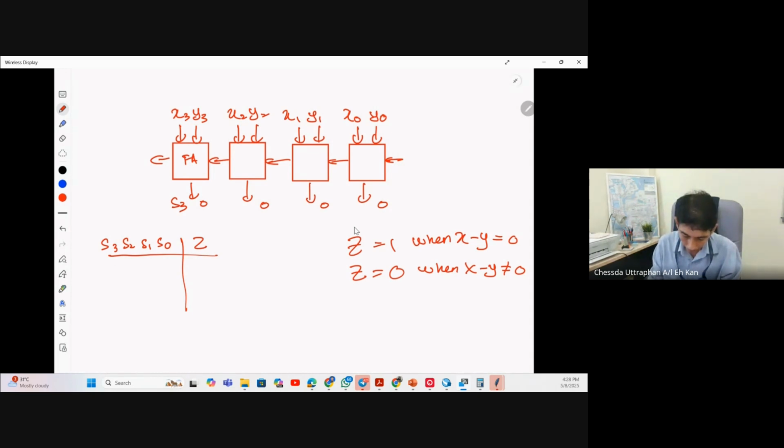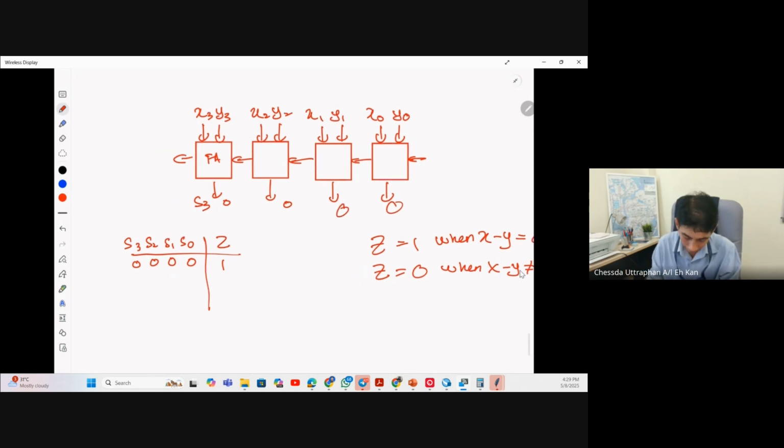So when all 0, Z equal to 1, right? Based on this specification, Z equal to 1 when x minus y equal to 0. x minus y equal to 0 means that all 0, Z equal to 1. When x minus y not equal to 0, Z equal to 0. What is meant by x minus y not equal to 0? It means any other number, for example 0,0,0,1 or 0,0,1,0, or any other number that is not all 0.